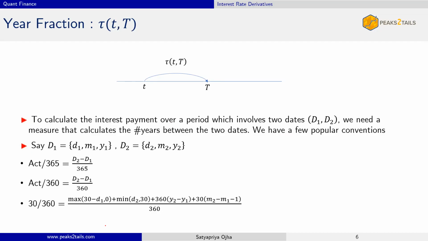So when your length of period is dynamic, you need a measure to find the time period in terms of years. Between any 2 time instances, I need to find the distance between these two instances in terms of years. Why? Because your rate is per year.